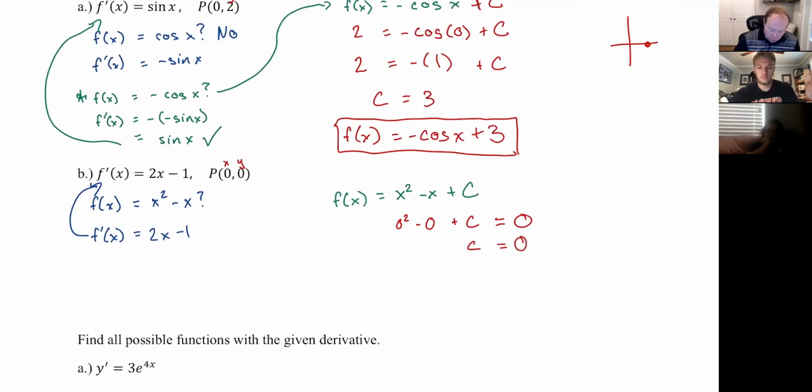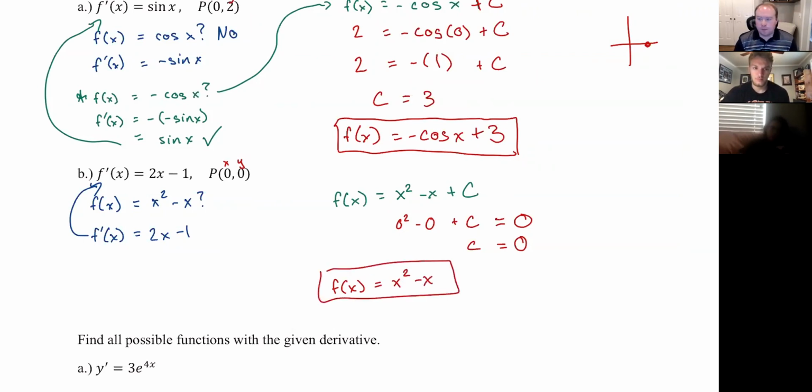So what is our actual answer here, the one that satisfies having a derivative of 2x minus 1 and passing through the point 0, 0? Well, that'll be an original function. So f of x will be equal to x squared minus x plus 0, or just this.